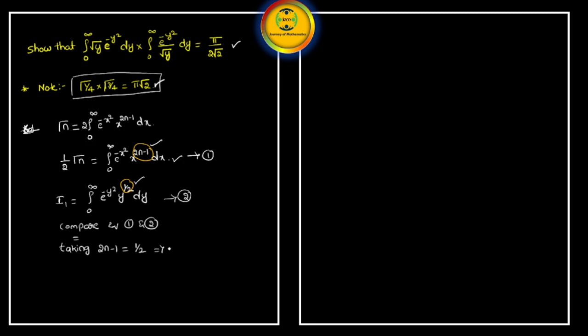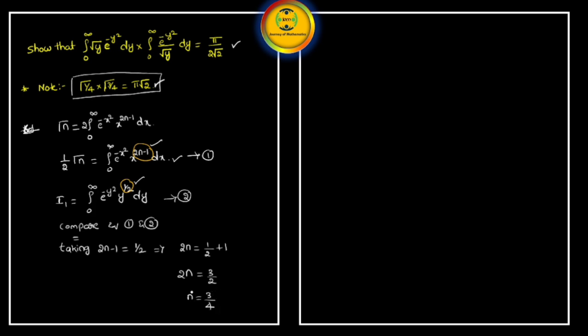This implies 2n is equal to half plus 1, that is, 2n is equal to 1 by 2 plus 1, which can be written as 3 by 2. So the n value can be written as 3 by 4.